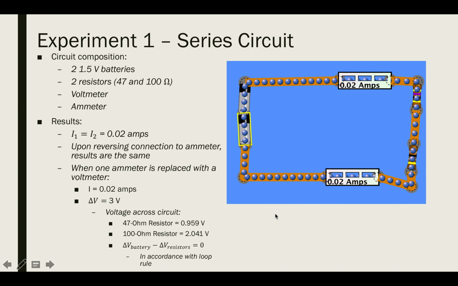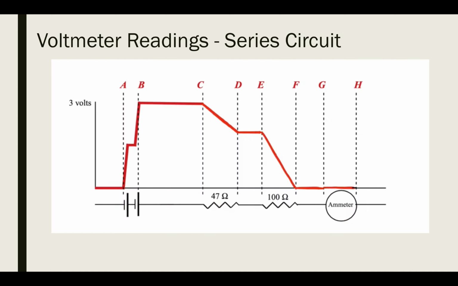This makes sense because 3 volts is the voltage supplied by the batteries, and it makes sense that the potential difference between both split ends of the circuit would be 0. So we're in accordance with the loop rule. Here's an approximate graph of potential versus position around the circuit.